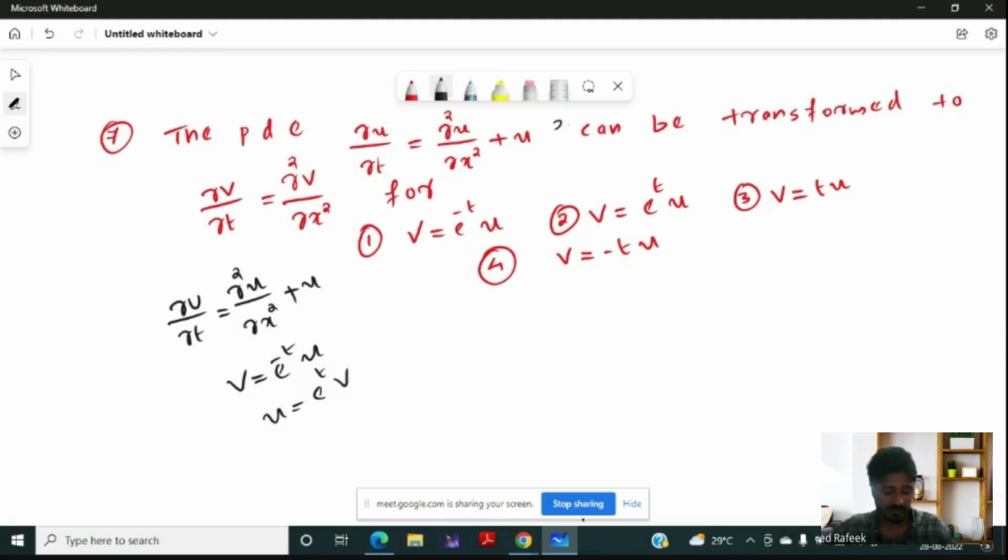So dou u by dou t is equal to e raised to t into v, where v is also a function of x comma t.